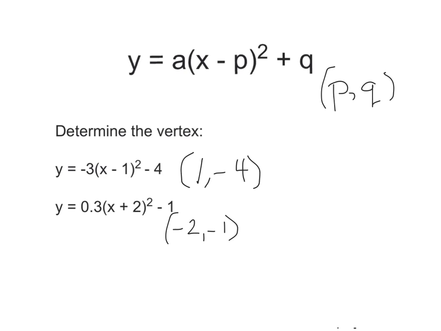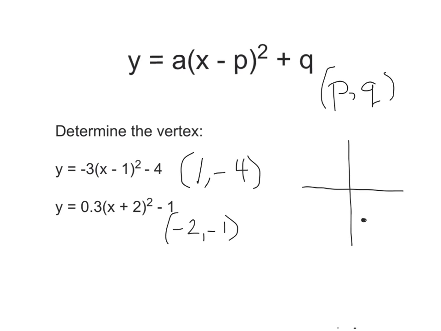Knowing all that, if I give you an equation like this one, y equals negative 3(x minus 1) squared minus 4, you should be able to get a pretty good visual of what that function is going to look like. Maybe you could make an exact graph, but even if we're just thinking roughly, now we know that the vertex is at (1, negative 4). We also know that it opens down, and that compared to y equals x squared, it's narrow.